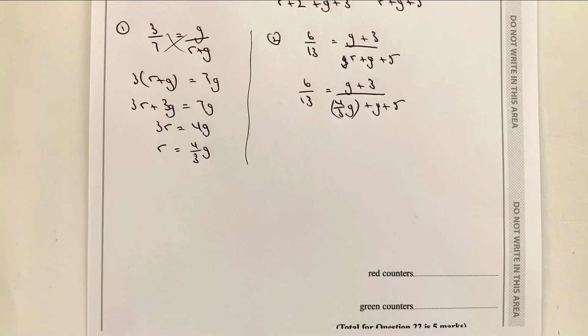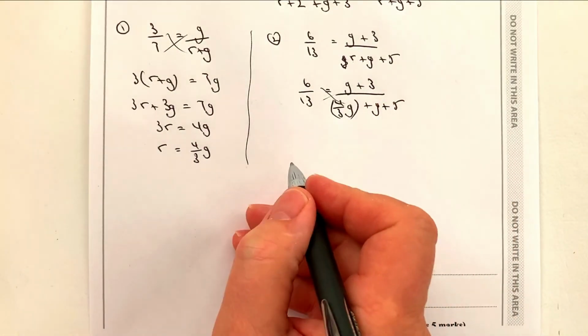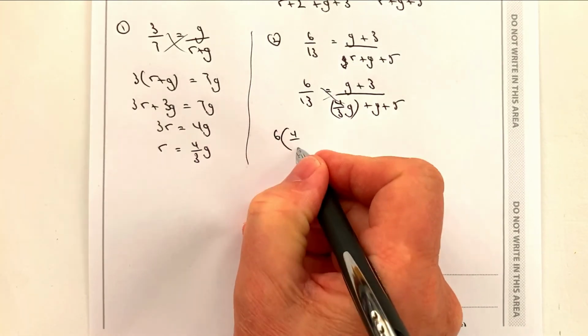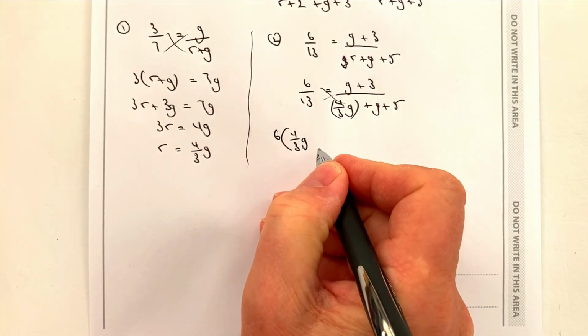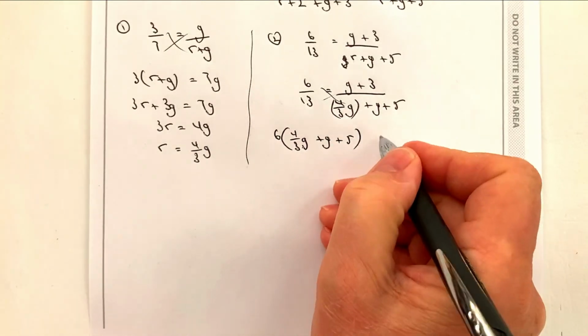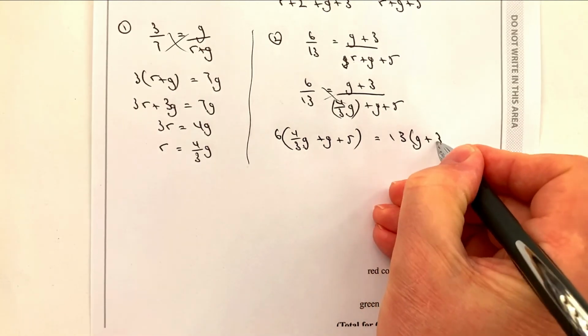Okay, so again, I'm going to cross multiply. It's just the way it is. So I'm going to say that's the same as saying 6 times 4 over 3G, okay, plus G plus 5. And that's equal to 13 times G plus 3.